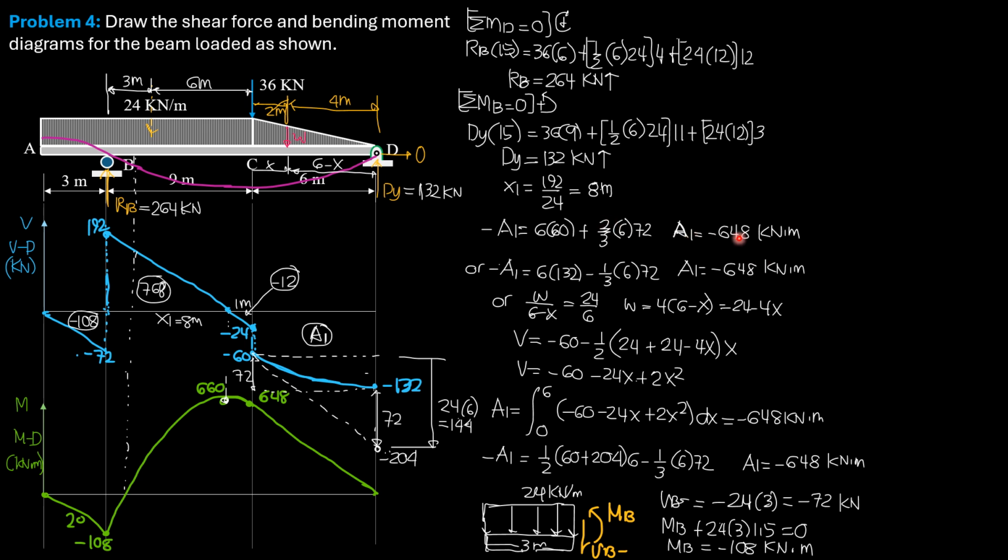So area 1 is negative 648. Or we simply compute area 1 as area of trapezoid. Can you see this trapezoid? Then less area of this spandrel of parabola.